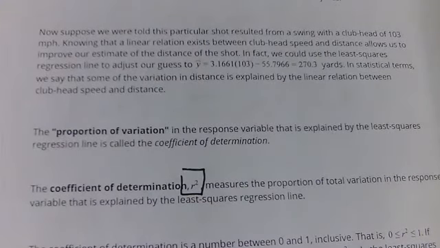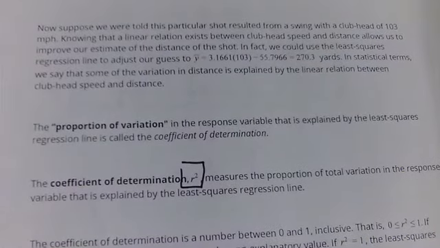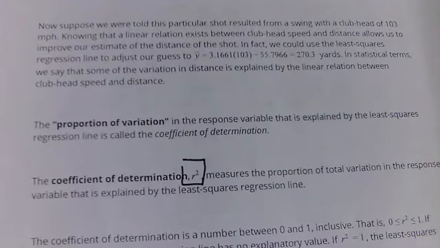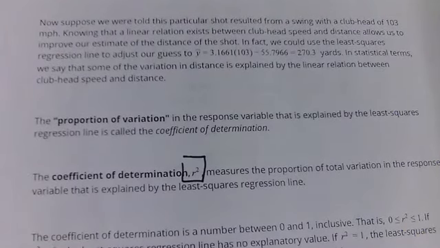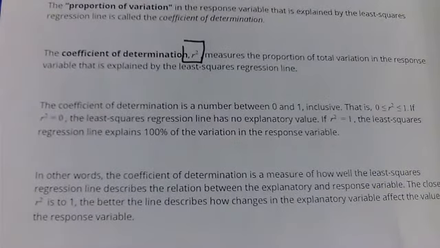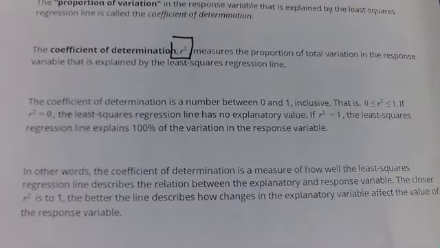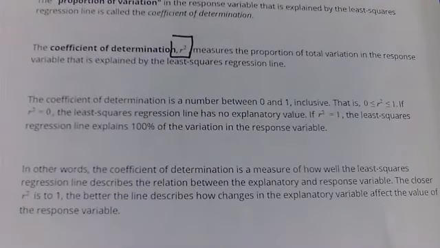It's telling me the percentage of the data that is explained, or the variation that is explained by the regression line. In other words, it measures how well the regression line describes the relationship. The closer it is to 1, the better the line describes how changes in the explanatory variable affect the value of the response variable.